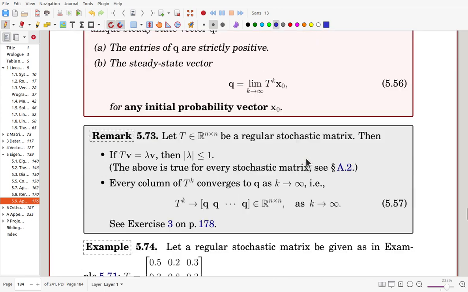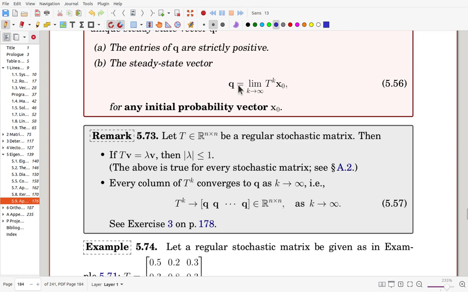From the theorem we can observe these remarks. T is a regular stochastic matrix. Then if we consider an eigenvalue, the eigenvalue must be bounded by 1 in modulus.